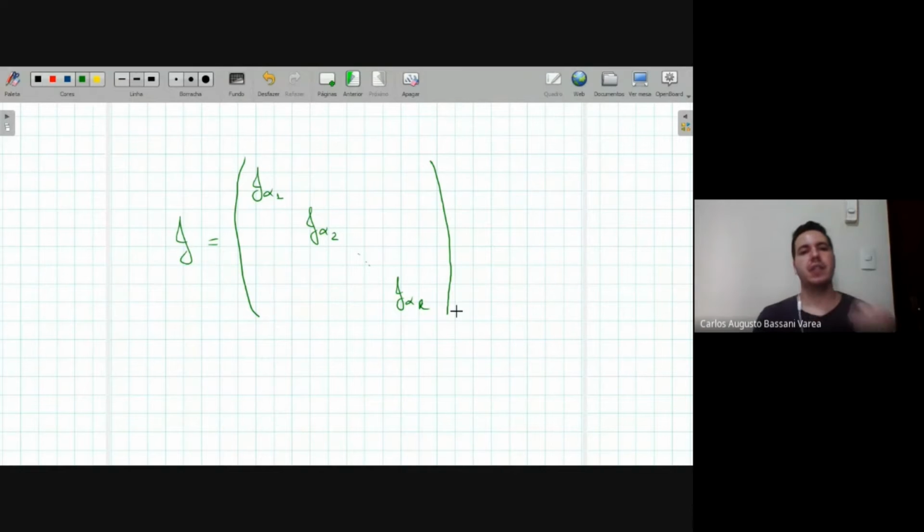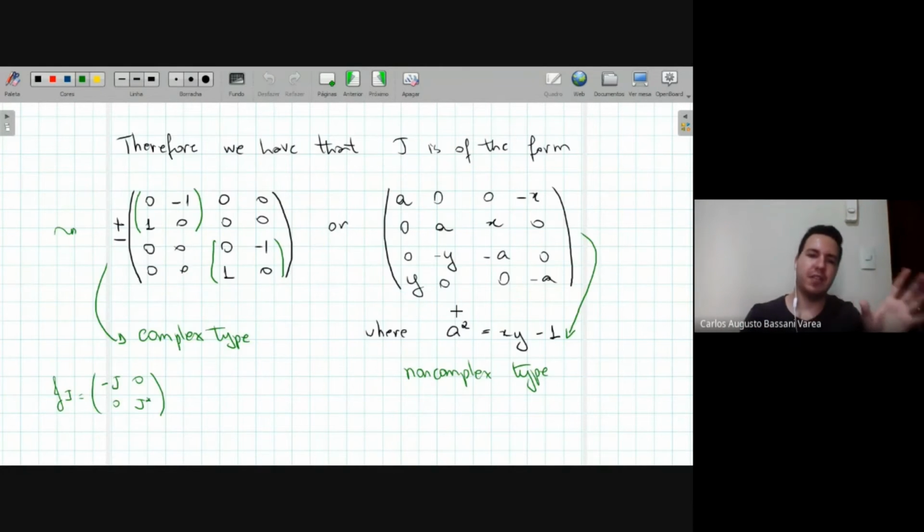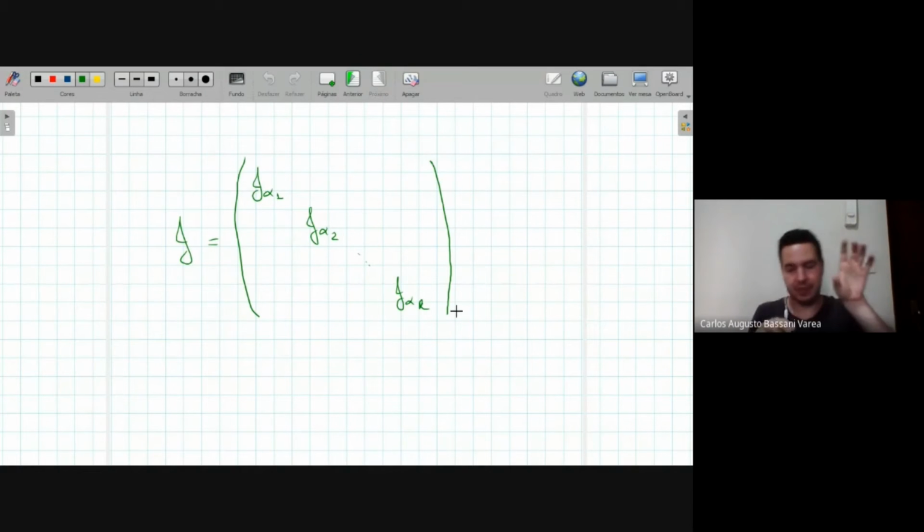To construct an invariant generalized almost complex structure on a flag manifold, you just combine these structures of complex and non-complex type along the diagonal.